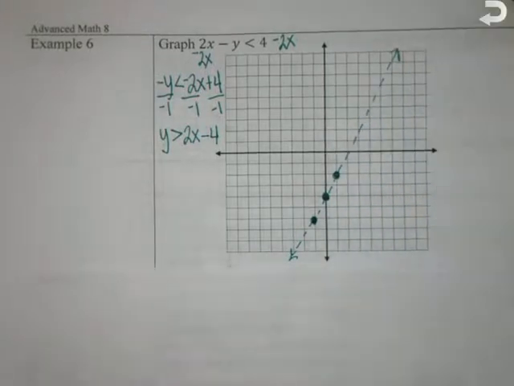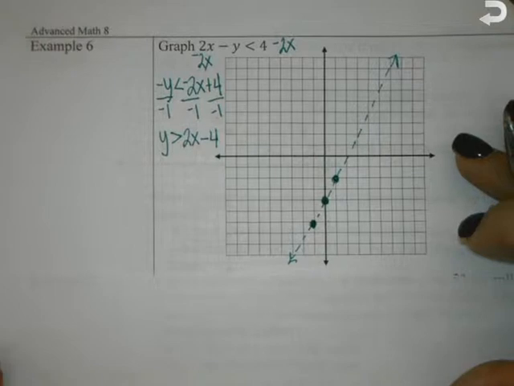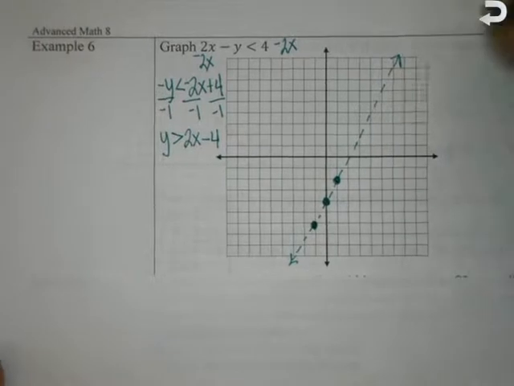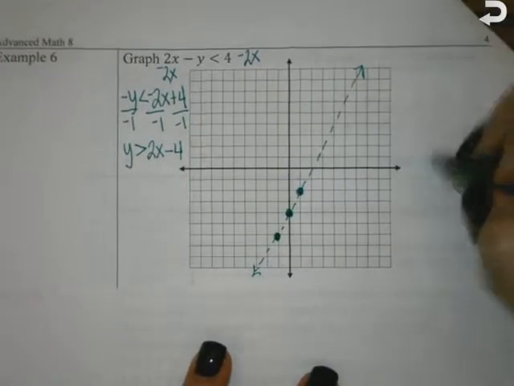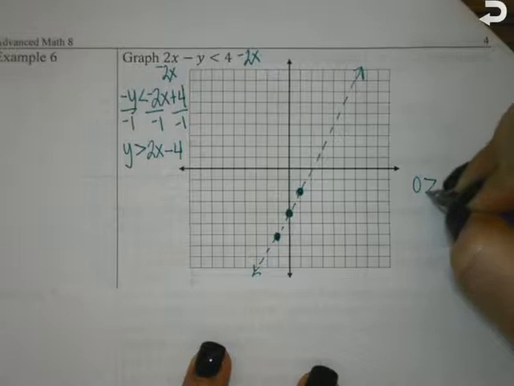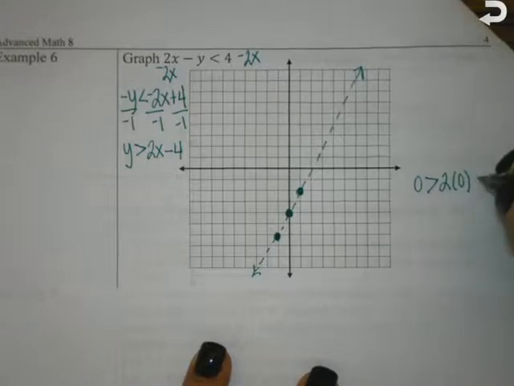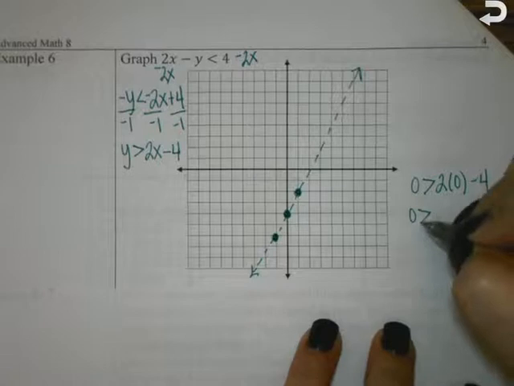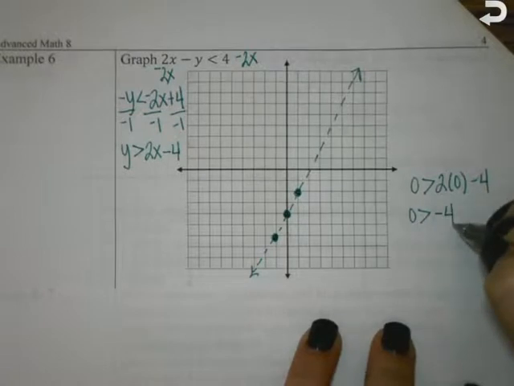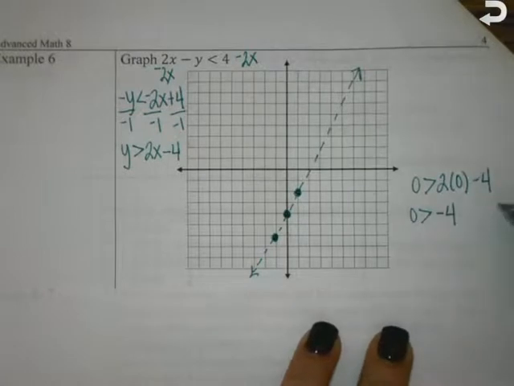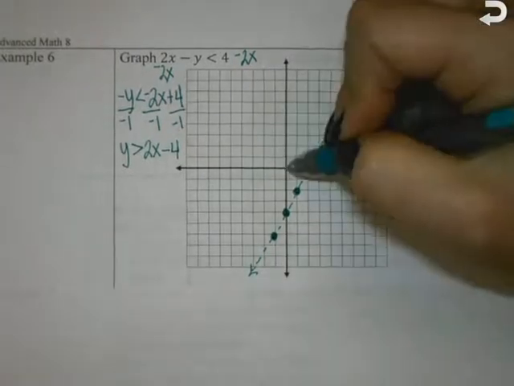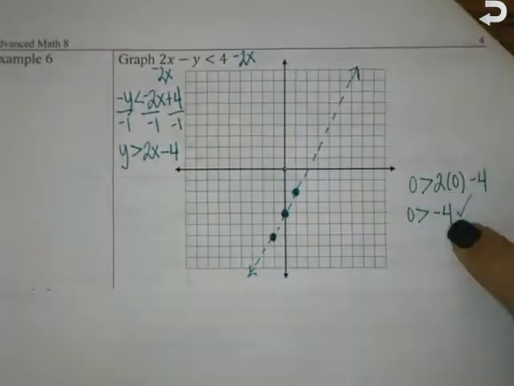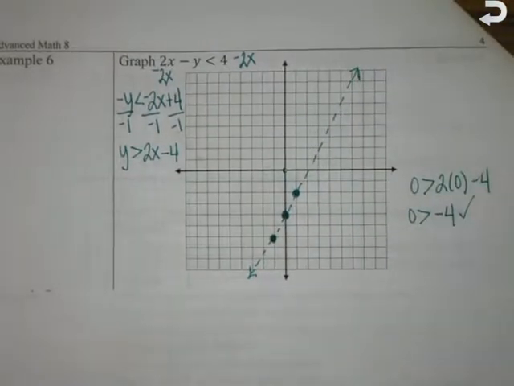And let's check the point 0, 0. So I'm going to check it over here to the right. 0 greater than 2 times 0 minus 4. So that 0 is greater than -4. True or false? True. So here's your point 0, 0. Since 0, 0 is a solution, the half plane that contains 0, 0 is all part of the solution.